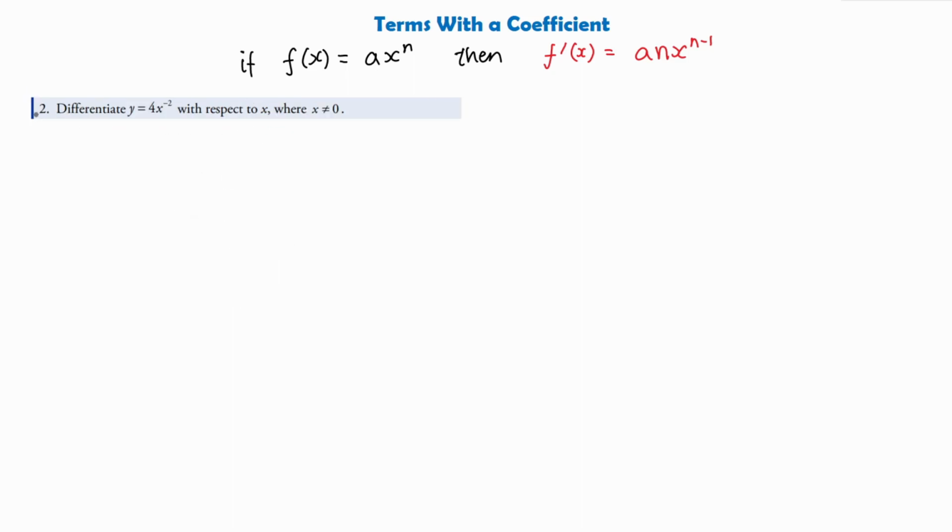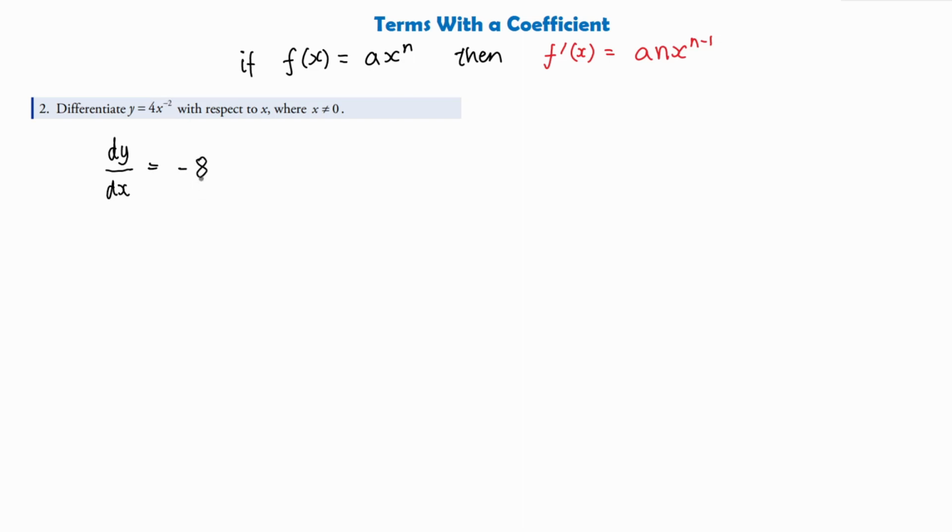So example 2 says differentiate y equals 4x to the power of minus 2 with respect to x. Well, in this case, we are going to find the derivative dy by dx because it's an equation in terms of y. And if you remember, we bring the power on down to the front, multiply it by the a, so 4 times minus 2 is minus 8.